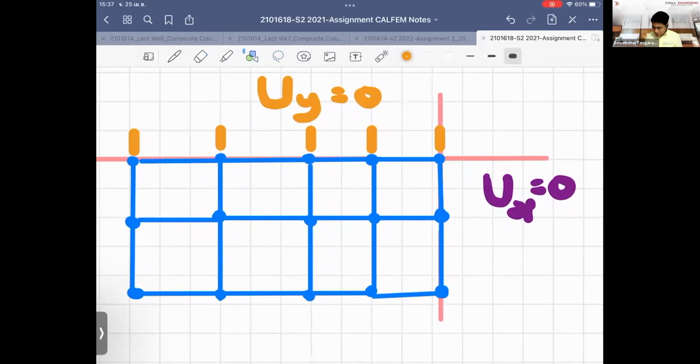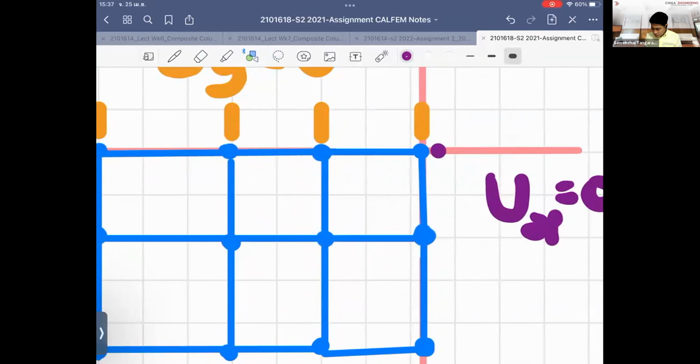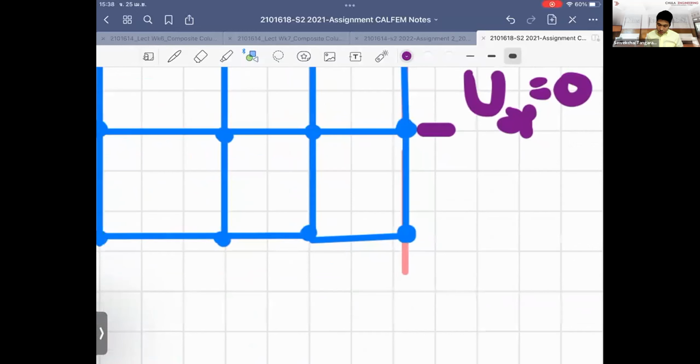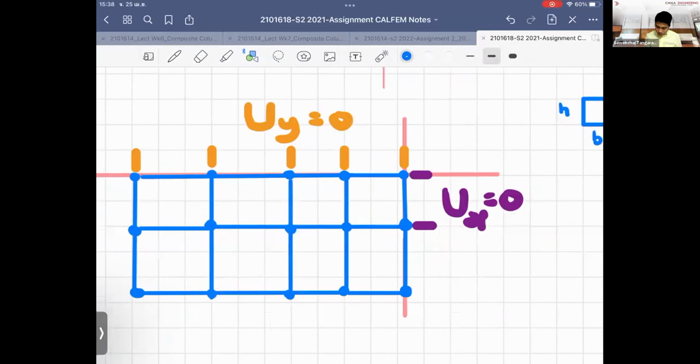I put the restraint. All right, so we got the element. This is our very standard, and it might be the very simple element that you can have.